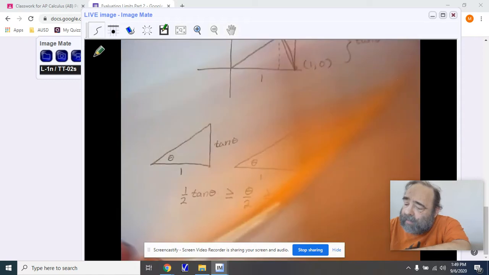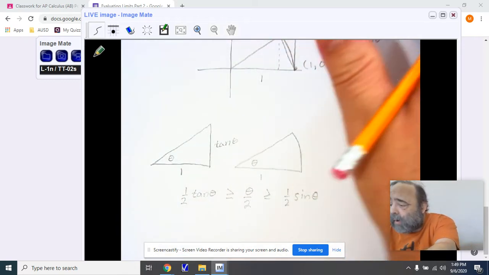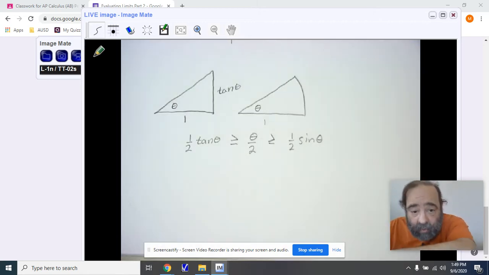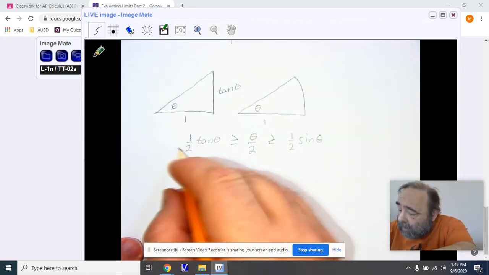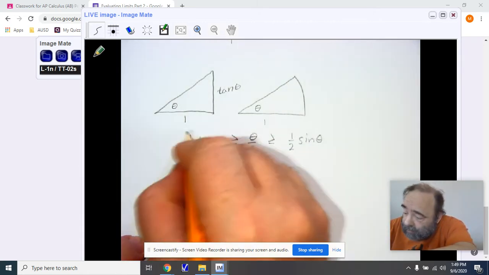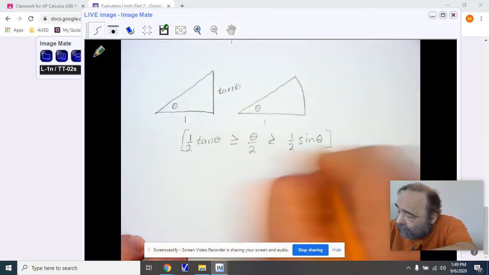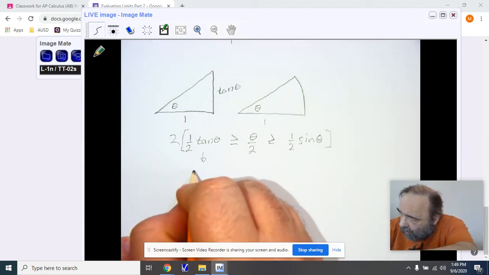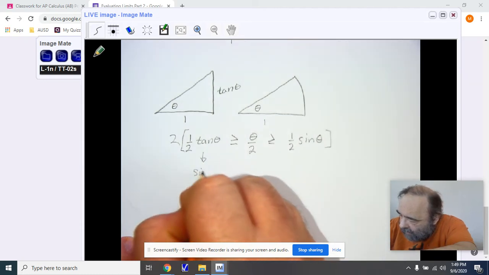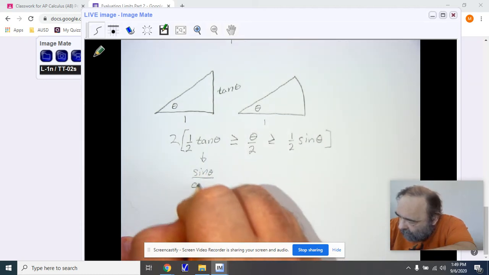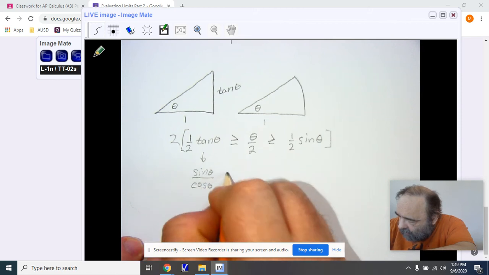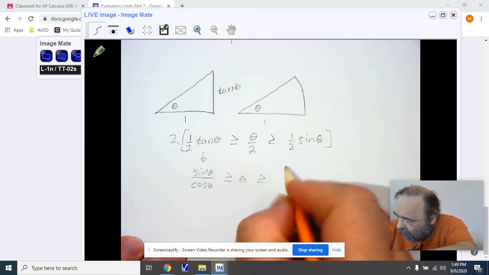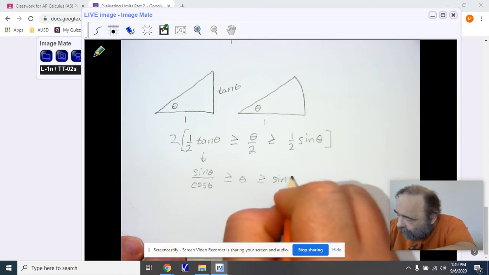Everything else is going to be a manipulation, and at the very end we're going to apply our limit. Let's see how we manipulate this. I can get rid of the 1/2, so I'm going to multiply everything by 2. I end up with tangent, which I'm going to rewrite as sine theta over cosine theta, is greater than or equal to theta, which is greater than or equal to the sine of theta.